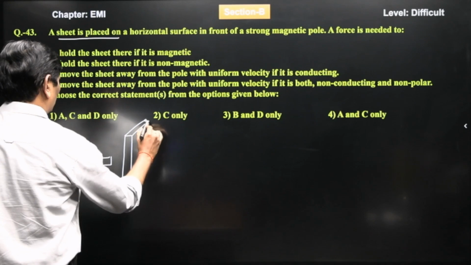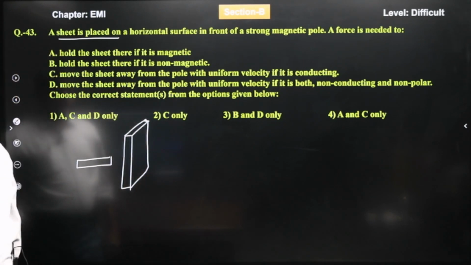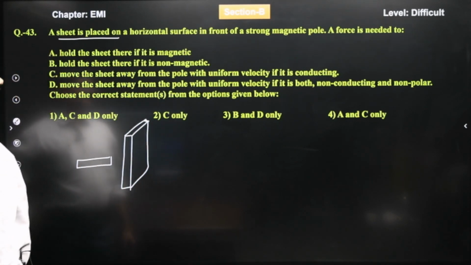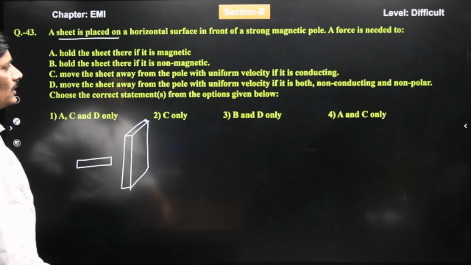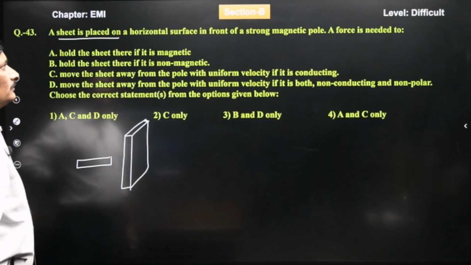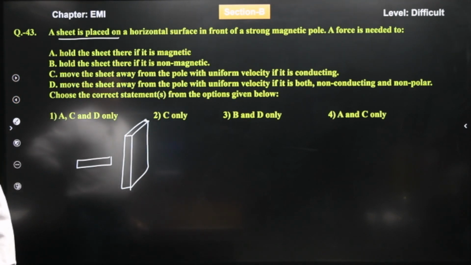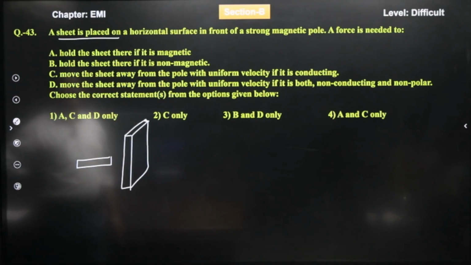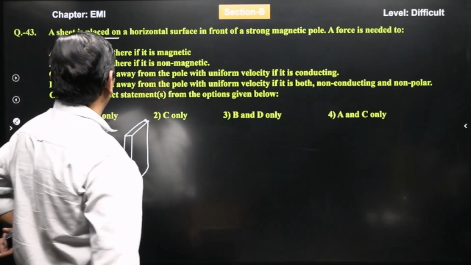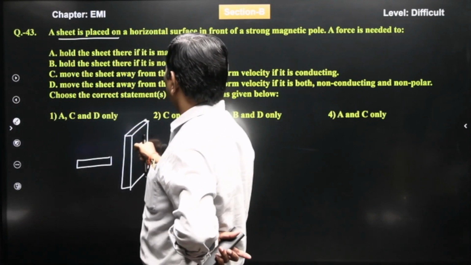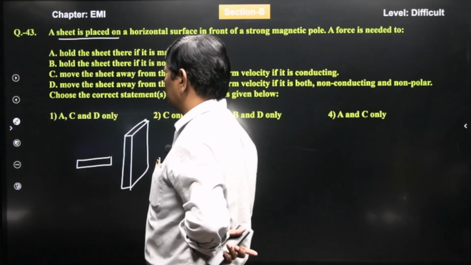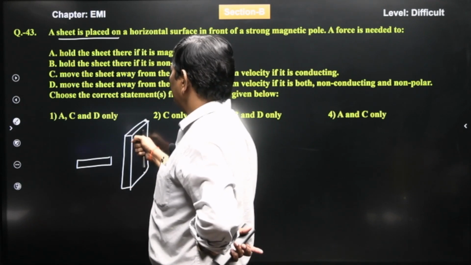You can assume a sheet like this, placed in front of a strong magnet or magnetic pole. A single pole is not possible, so we put a magnet. A force is needed, and from the options you have to follow. Take the options. Hold the sheet if it is magnetic.